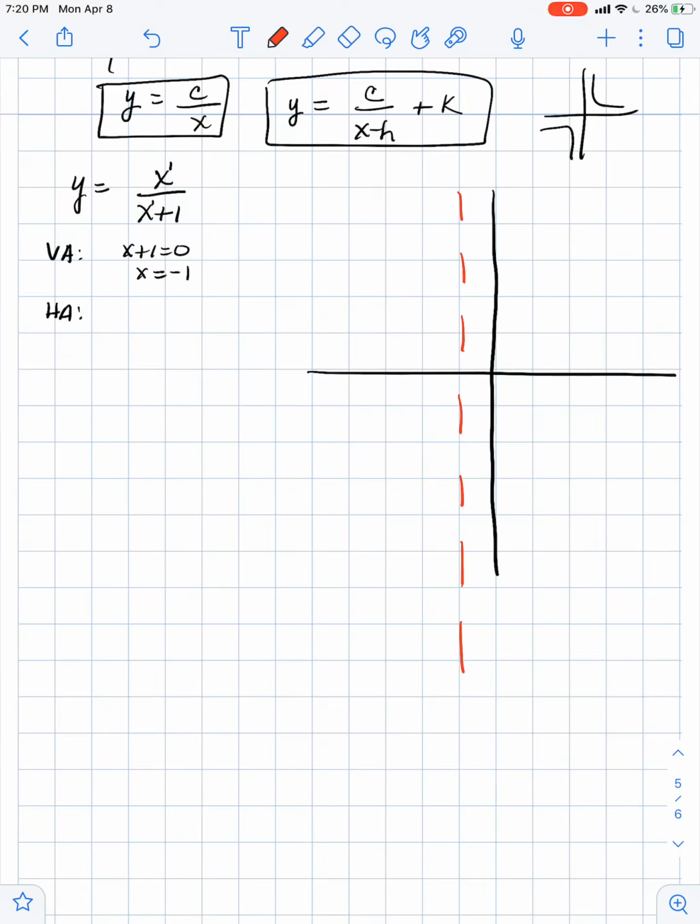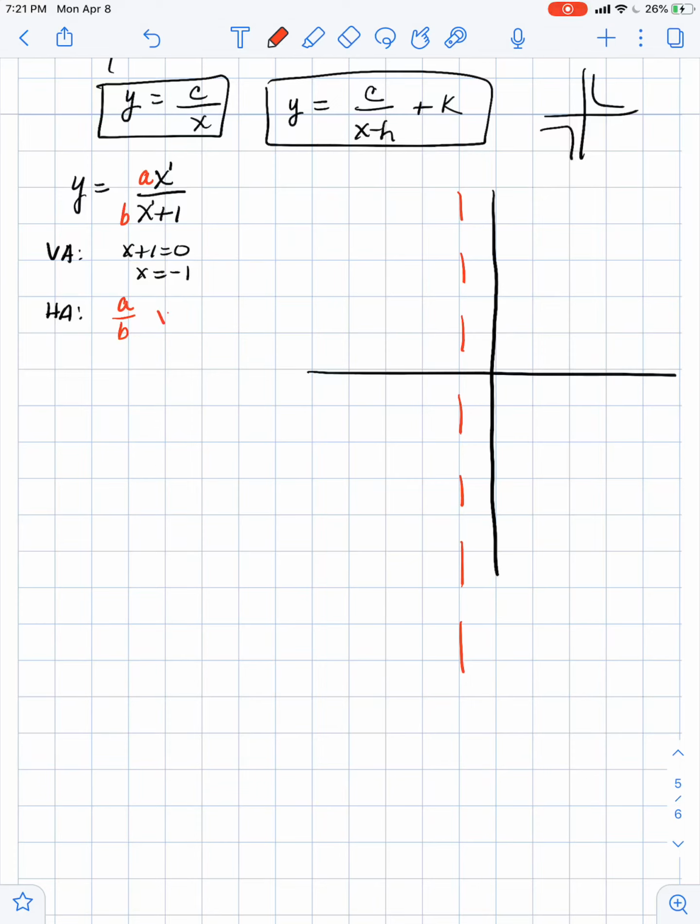Now, here's the new one. When we do our horizontal asymptote, guys, and we're going to call these A and B, it is going to be A over B, whatever those values are. And so in this case, my values are just 1. I just have a 1 out in front.